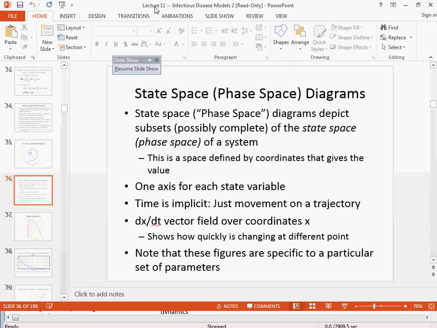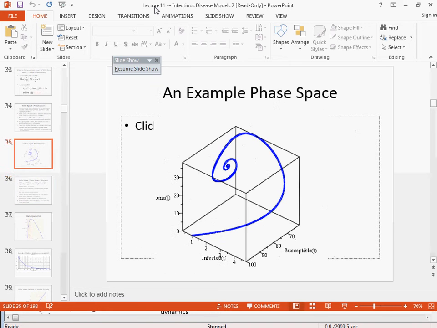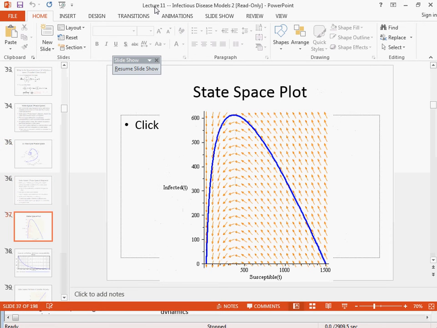And the figures that are shown, like the particular trajectory, are specific to a particular set of parameters. Sometimes this sort of diagram is put in the context of a field which shows how different trajectories would move over time. But once again, we have susceptibles and infectives. There's no time axis here. Time is occurring as it goes along here.